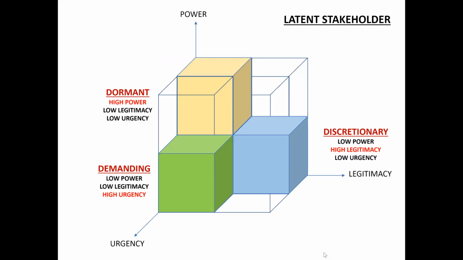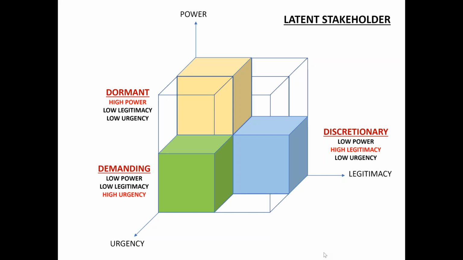So these are the three cubes. I have shown them in lighter colors. These are the three cubes which are latent stakeholders. And within the latent stakeholders, the one with high power, only high power, is called dormant. The one with only high legitimacy is called discretionary, and one only with high urgency is called demanding.